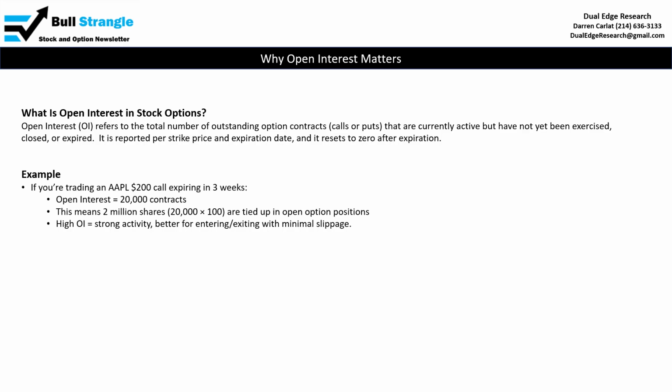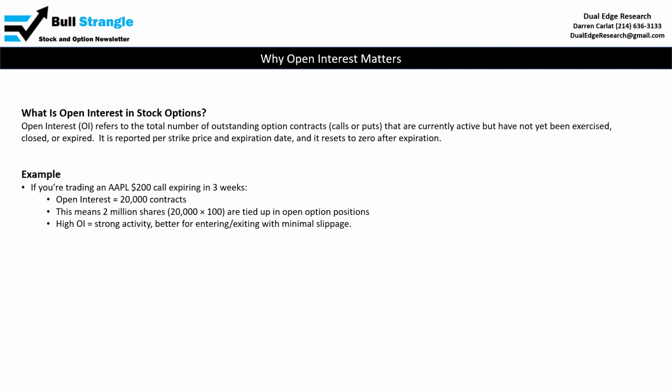It's a $200 stock with a call that's expiring in 3 weeks. The open interest, for example, is 20,000 contracts. This means that 2 million shares, which is 20,000 contracts times 100 per contract, are tied up in open option positions. The high open interest, or OI, means strong activity, which is better for entering and exiting with minimal slippage.